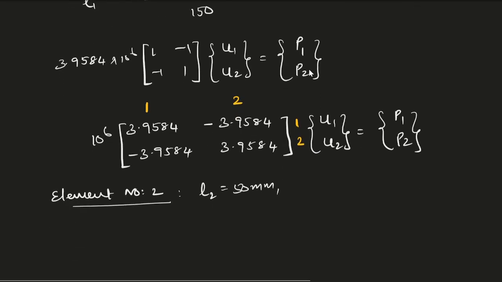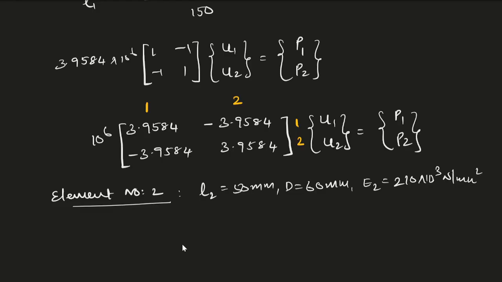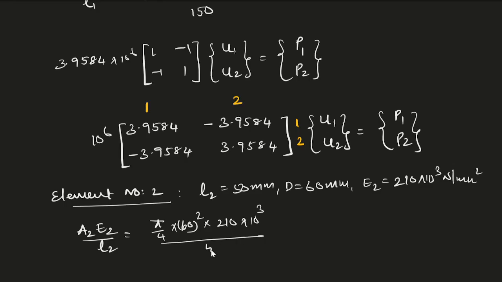So D will be equal to 60 mm, and similarly E2 will be the same, 210 into 10 power 3 Newton per mm square. So find out the value A2 E2 divided by L2. We'll get pi by 4 into 60 squared into 210 into 10 power 3 divided by 50. This gives me the value of 11.875 into 10 power 6 N per mm.